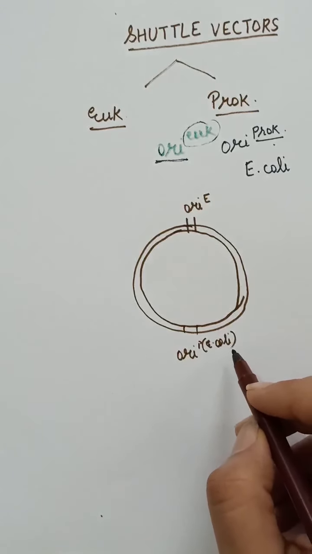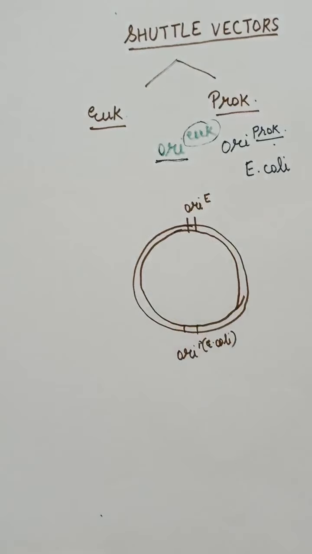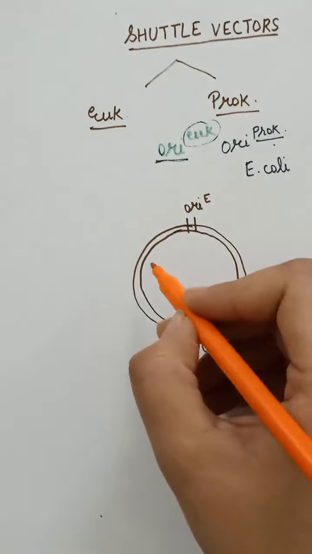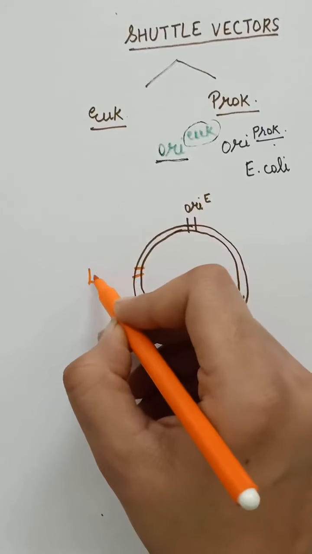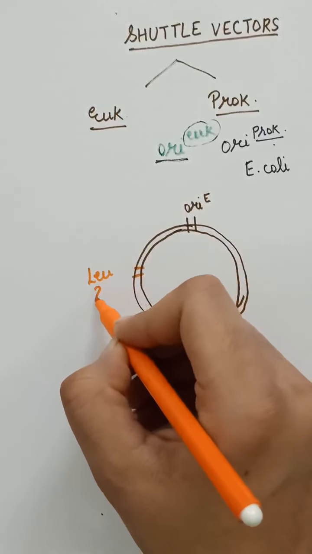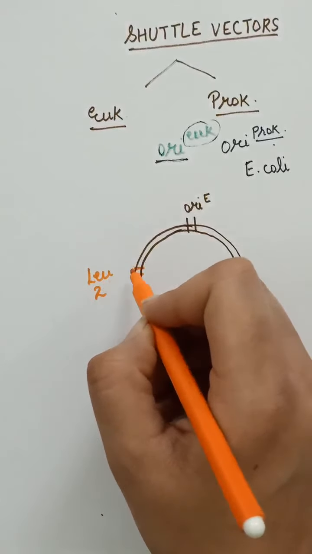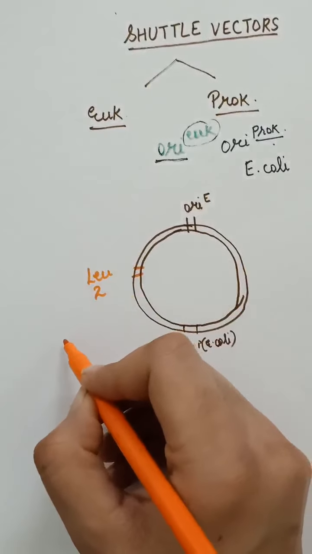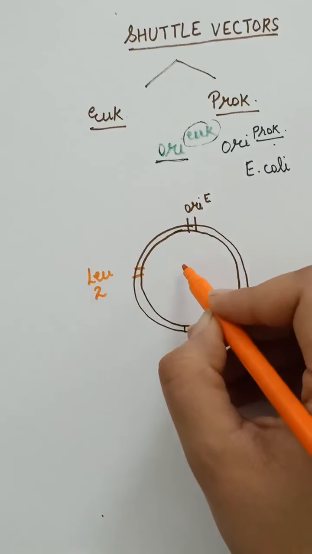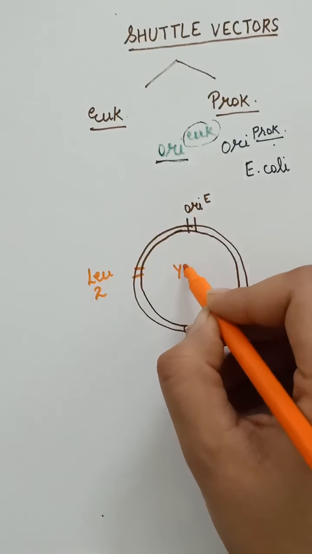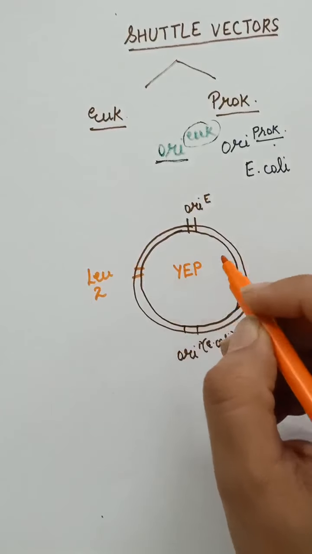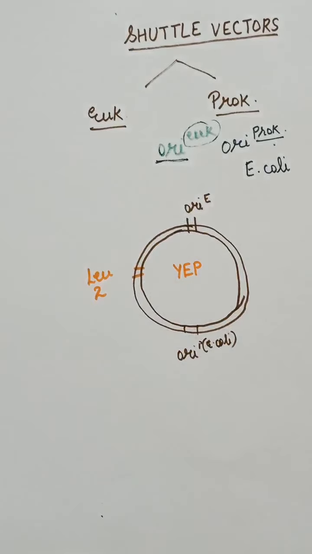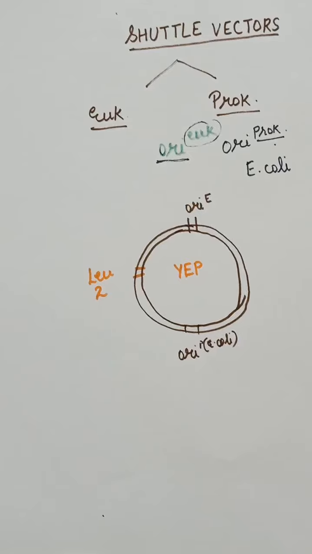After that, they have one gene, the LEU2 gene. LEU codes for leucine, which is an amino acid. So there is one LEU2 gene, and the name of this vector is YEp, Yeast Episomal Plasmid vector.